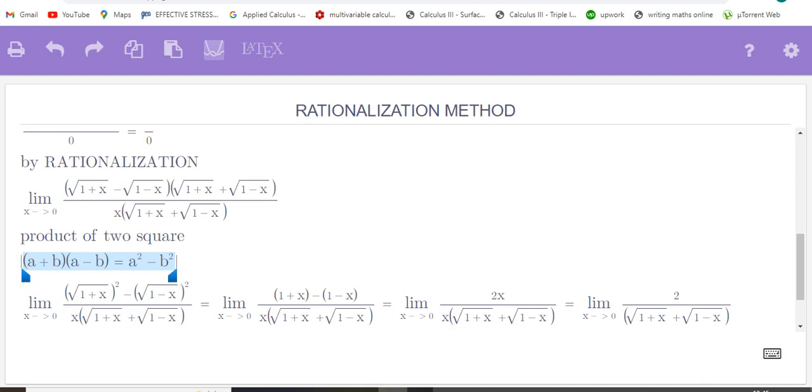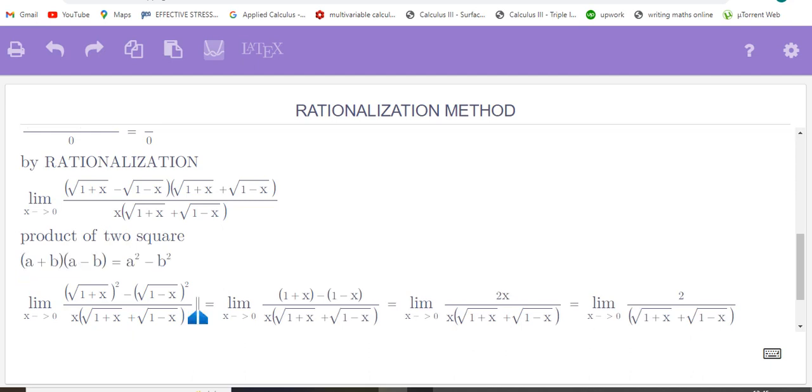So if we let a be root of 1 plus x and b be root of 1 minus x, then a squared is root of 1 plus x squared and b squared is root of 1 minus x squared. We end up with a squared minus b squared, which is here: root of 1 plus x squared minus root of 1 minus x squared.